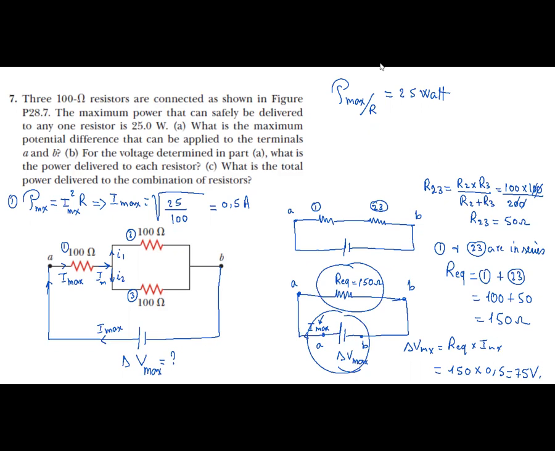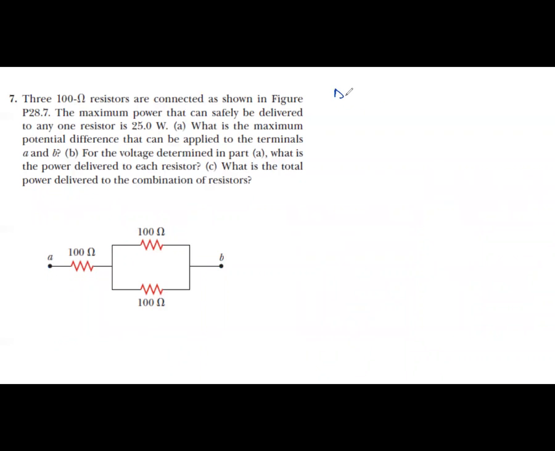So finally we have delta V max 75 volt, I max equals 0.5 ampere, and R equivalent equals 150 ohm.